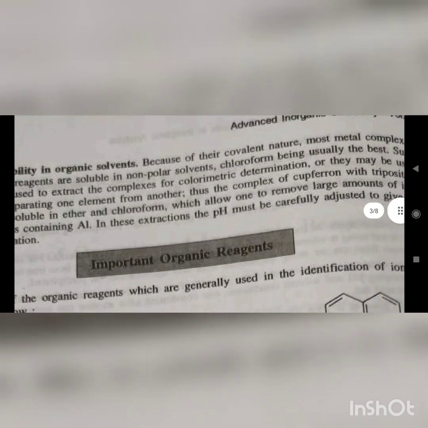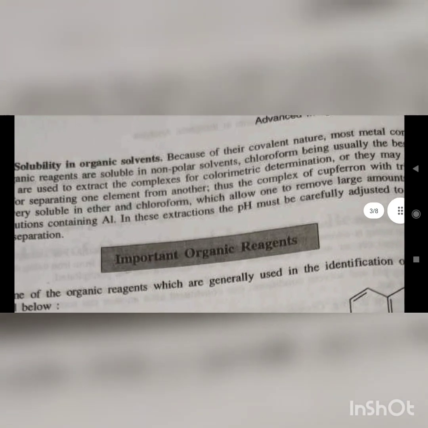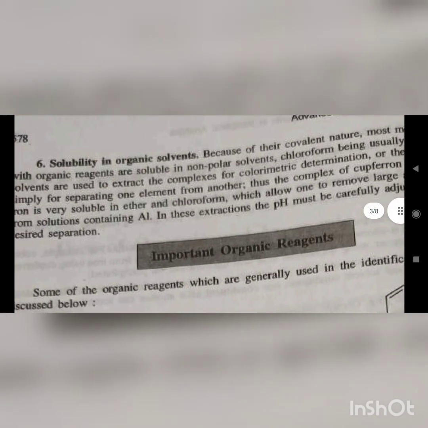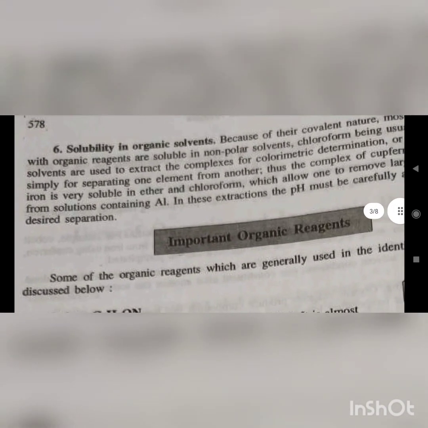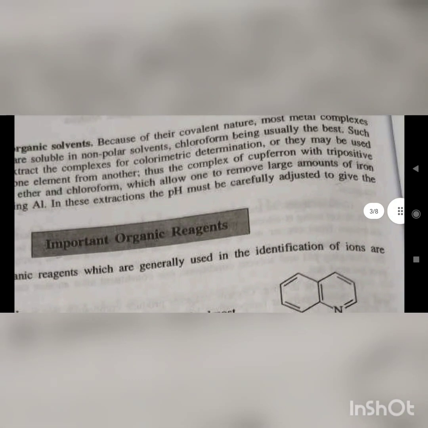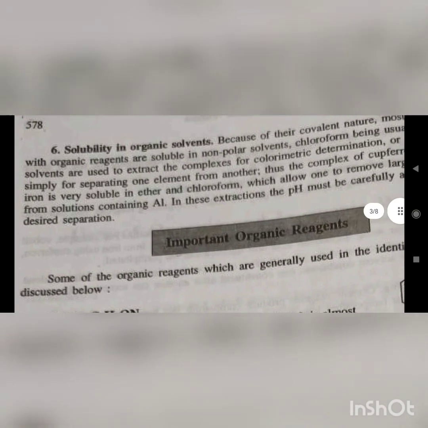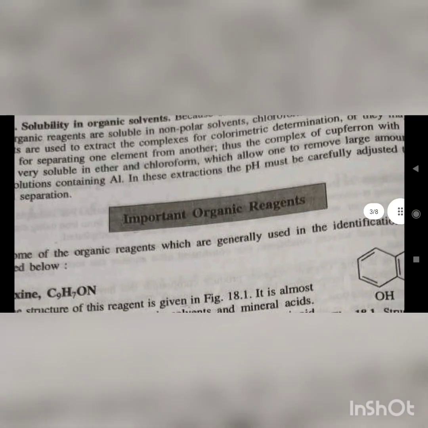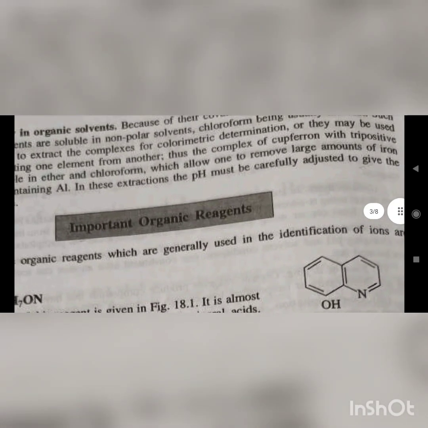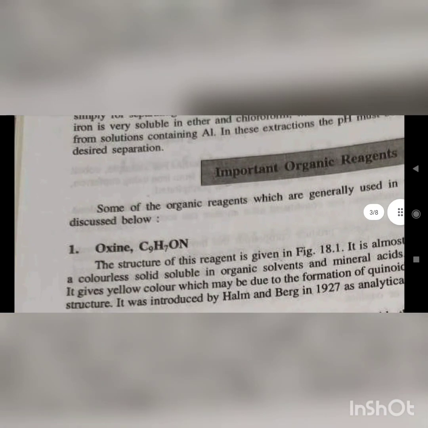Thus, the complex of cupferron with tri-positive iron is very soluble in ether and chloroform, which allows one to remove large amounts of iron from the solution containing aluminium. In these extractions, the pH must be carefully adjusted to get the desired separation.